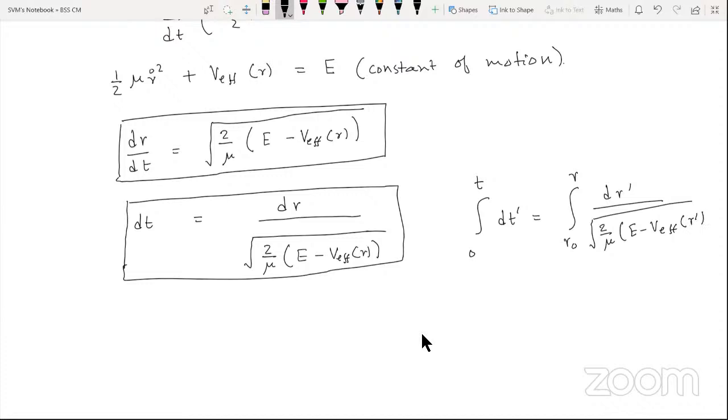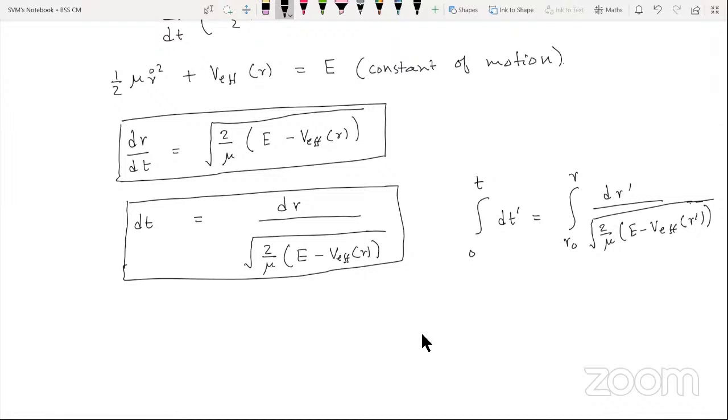I'm writing this as r prime because the integration variable has to be different from the limits. So that's all, you have to do this integration. Now, whether we can do this integration or not depends on, remember, your V effective of r prime has two terms: one is the given potential V of r and then the centrifugal term.